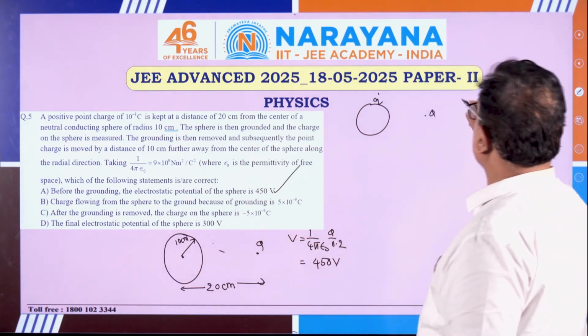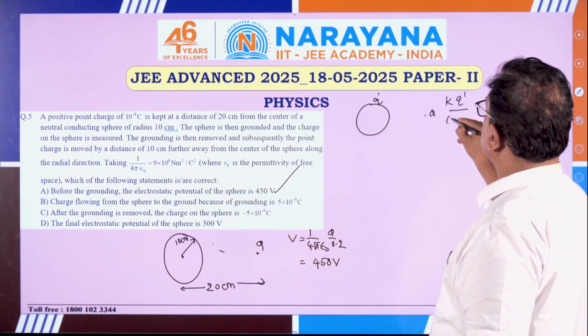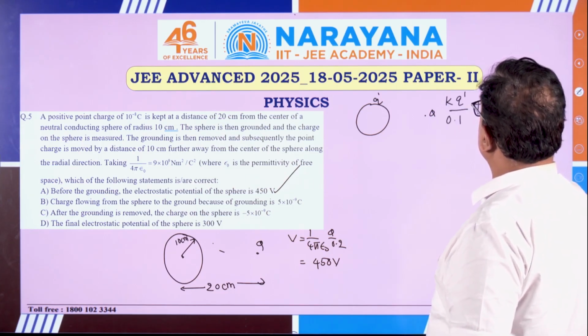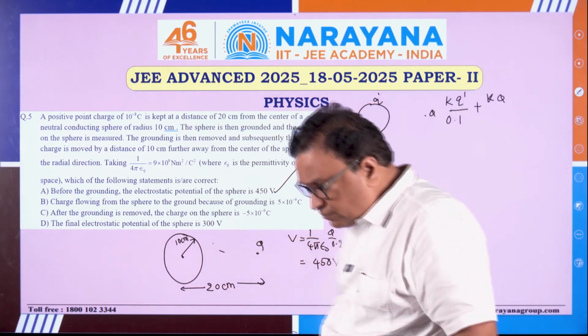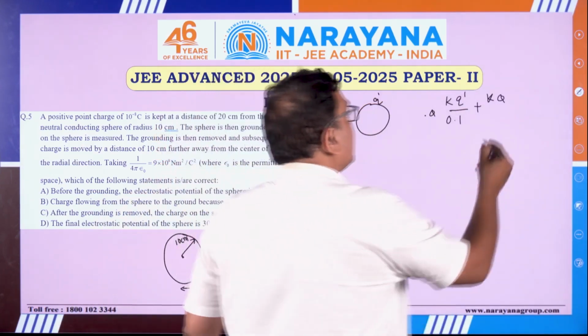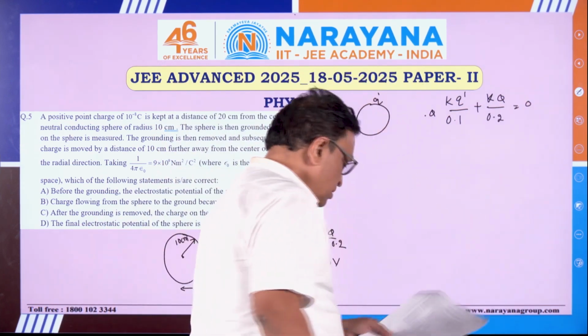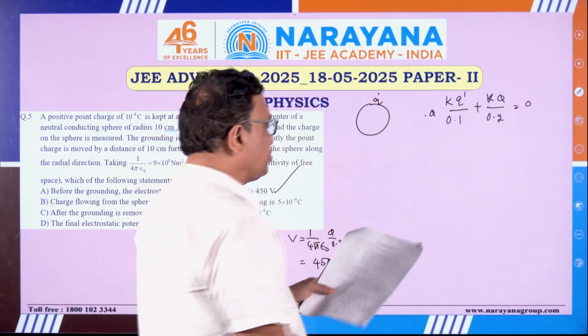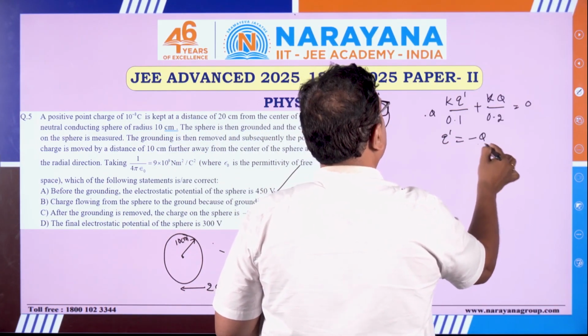Therefore, K Q dash by radius 0.1 plus K Q by 0.2 should result in 0. Now this relation allows you to write Q dash as minus Q by 2.